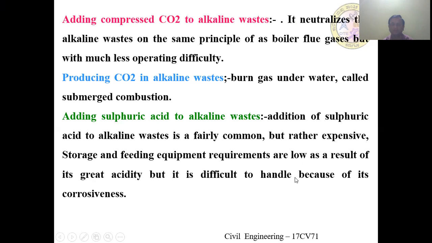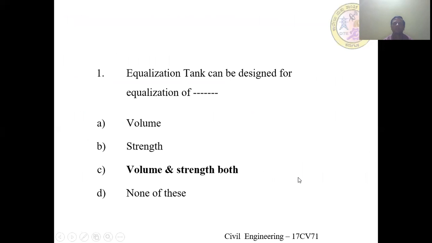Let us discuss some of the MCQs. An equalizer tank can be designed for equalization of volume, strength, or both. In an equalization tank, the main purpose is to maintain the strength as well as the required volume to be supplied.